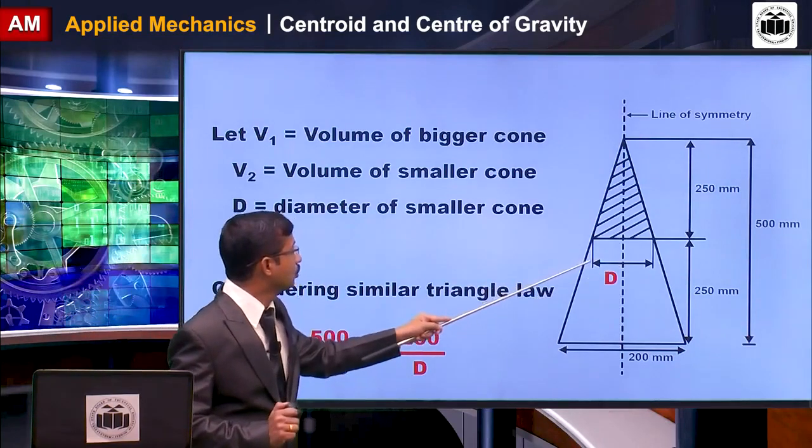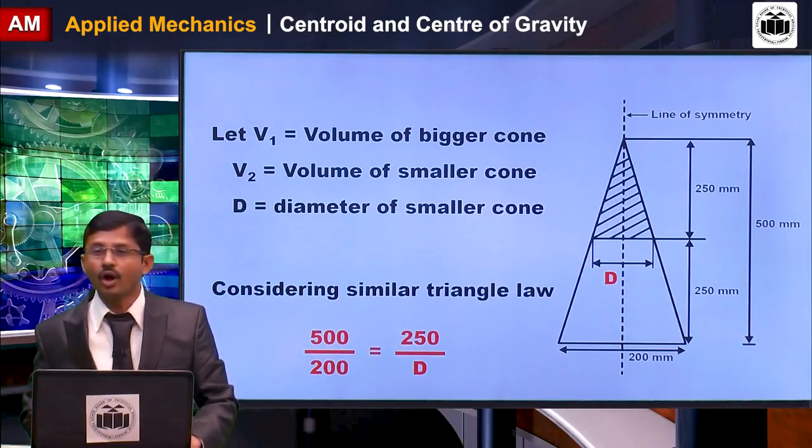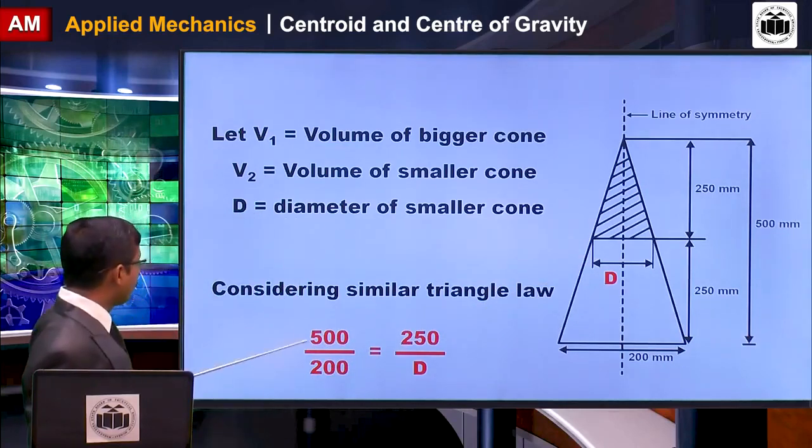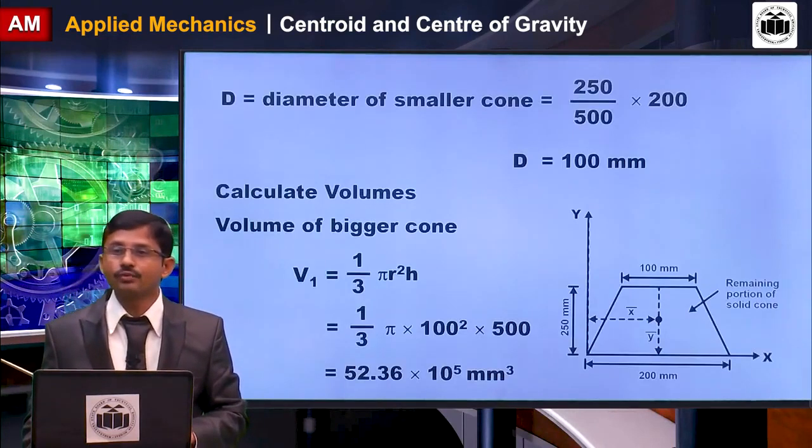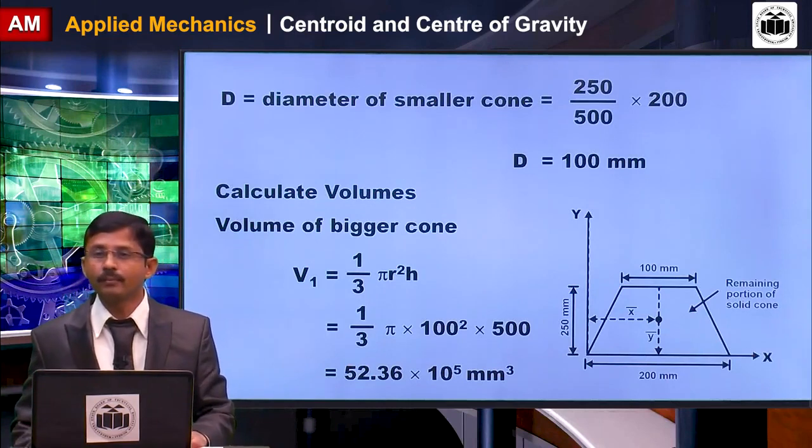Before calculation of V1 and V2, first of all you have to calculate this particular D. Using the similar triangle law, that is 500 divided by 200 is equal to 250 divided by D, you will get the diameter of the smaller cone as 100 mm.